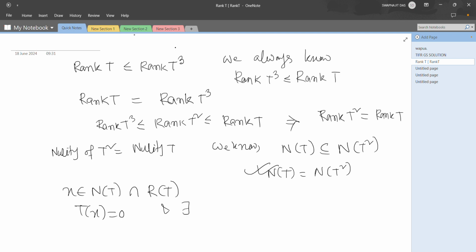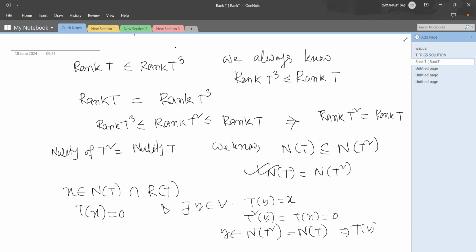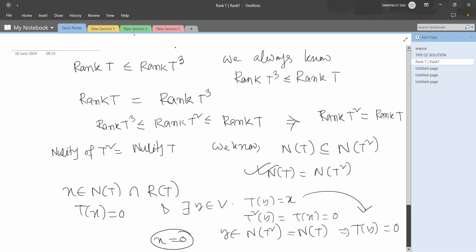So if Tx equals 0 and there exists y belonging to V such that Ty equals x, then T square y equals Tx equals 0. That means y belongs to NT square, which equals NT. That means Ty equals 0, and Ty equals x. That means x equals 0.